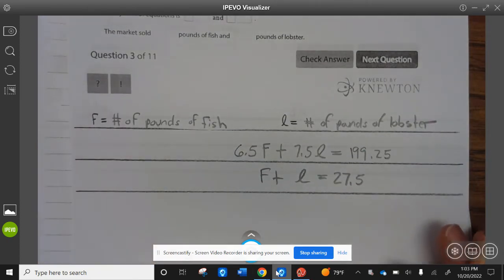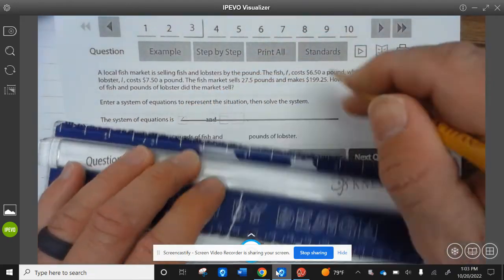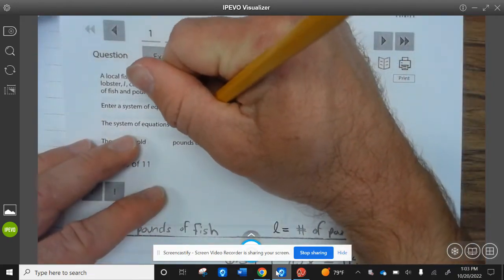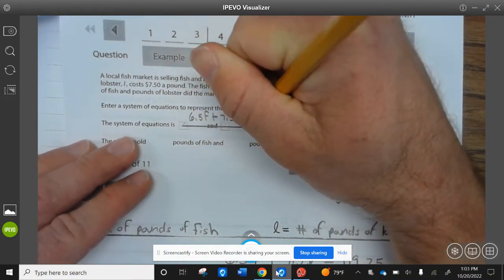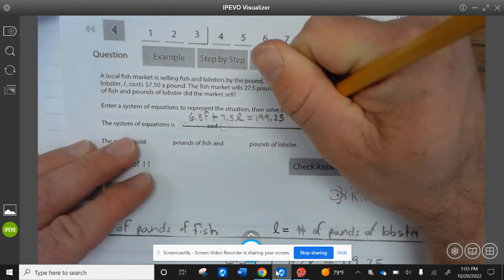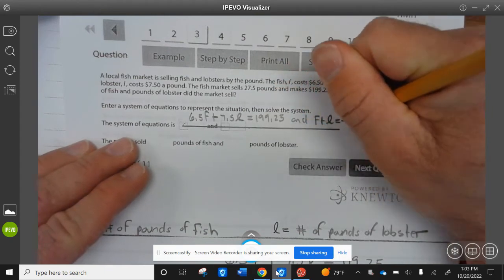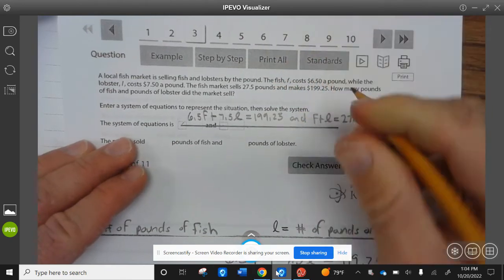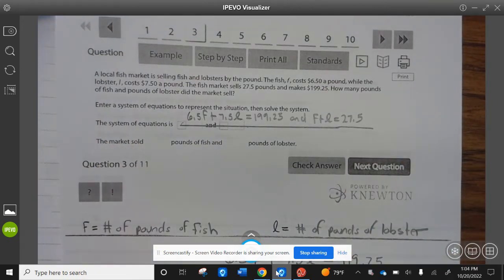All right, so there's our equations. We have 6.5F plus 7.5L equals 199.25, and F plus L equals 27.5.